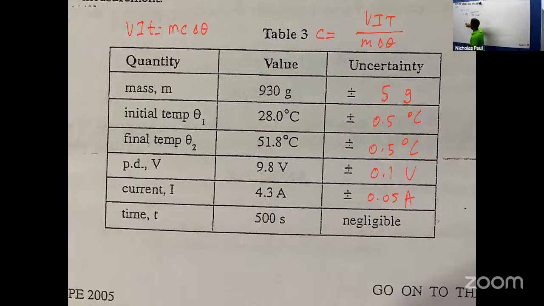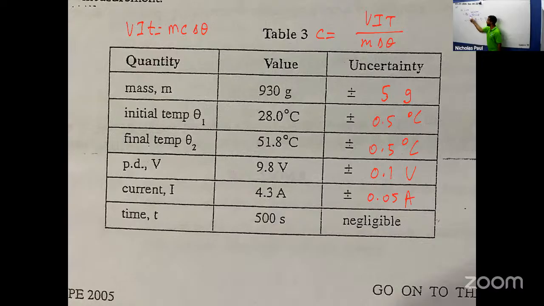The error in C will be C times the error in V on V plus the error in I on I. Error in T, well, T had no error, so it was negligible. Plus the error in M on M, plus the error in delta theta on delta theta.